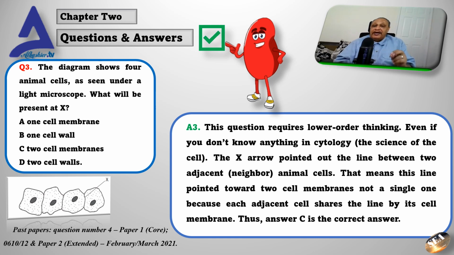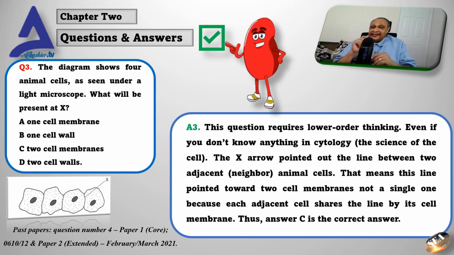This question requires lower order thinking. That means you have to think a little, very little thinking, and you use and manipulate your information. Even if you do not know anything in cytology, that means the science of the cell, the X arrow pointed to the line between 2 adjacent neighbor animal cells.